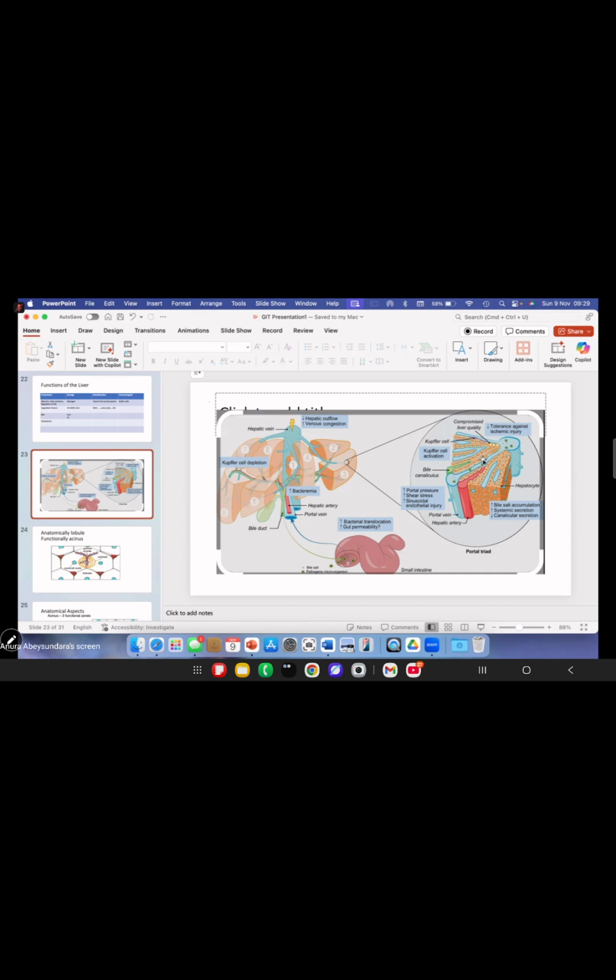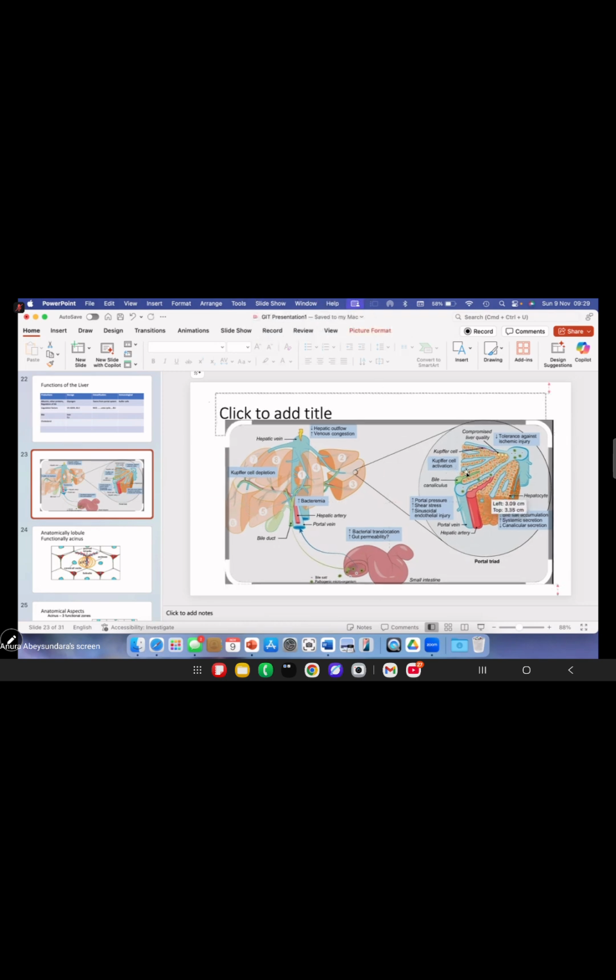Zone 1 has a lot of oxygen. So if your blood pressure is down, this part will be necrosed first, and then this one and the other one.